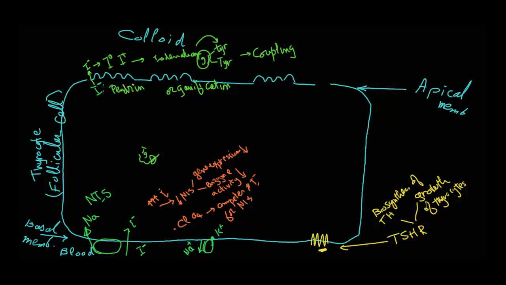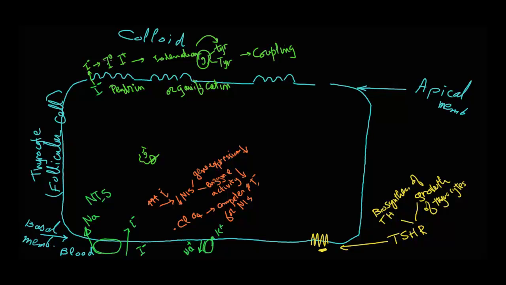So just to summarize, these three processes take place on the surface of the apical membrane after the transport of iodide across the apical membrane by the pendrin transporter, which is an iodide chloride transporter. Now iodide is on the surface of the apical membrane.